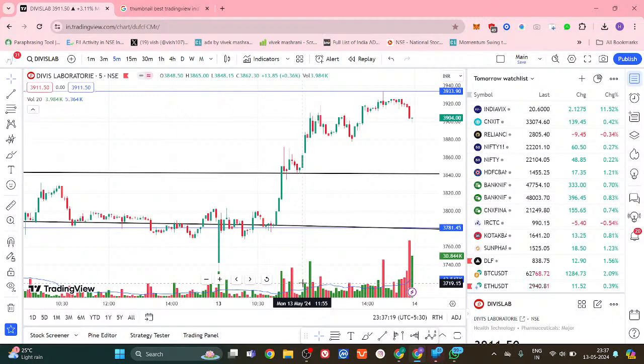It could be Bank Nifty, stocks, forex, crude, gold, or crypto. No doubt, the best is going to be price action.